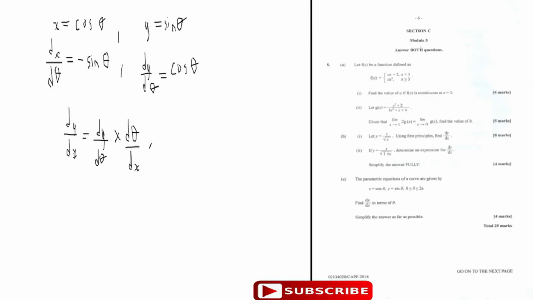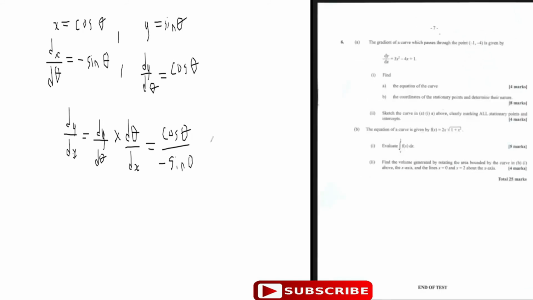And so it's going to work out to be dy by d theta is cos theta times d theta by dx, which is really divided by the minus sine theta. But then cos over minus sine is minus cot. And so dy by dx is minus cot theta. All right, nice and easy. And this takes care of question 5.